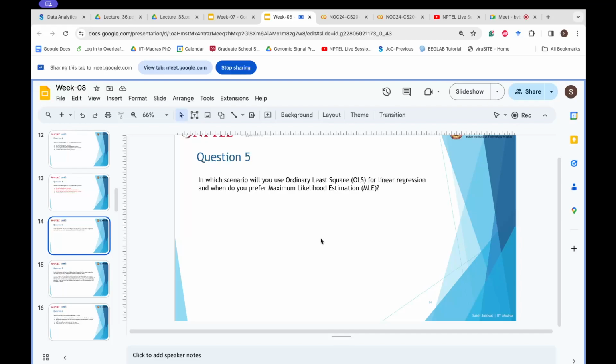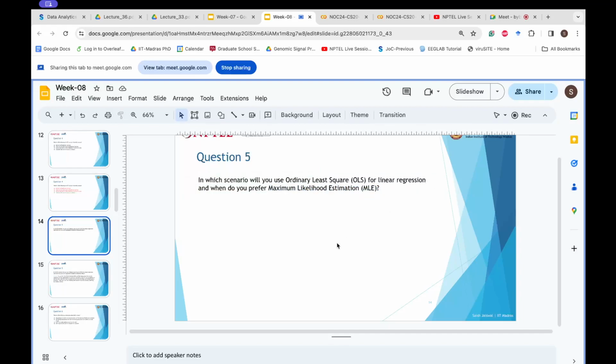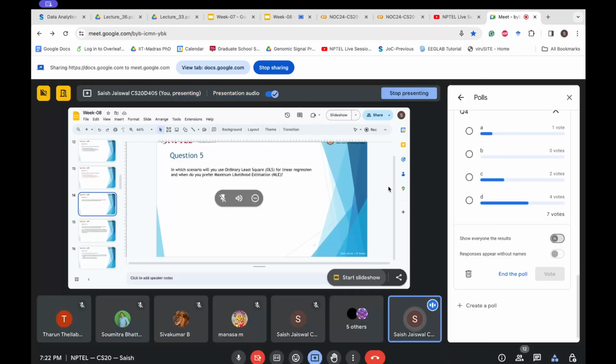So given the data points, I can definitely estimate the values of betas, like the coefficients, using maximum likelihood estimation. But given an option whether to use OLS, ordinary least square, or maximum likelihood estimation for linear regression, which one will be preferred and when do you prefer it?